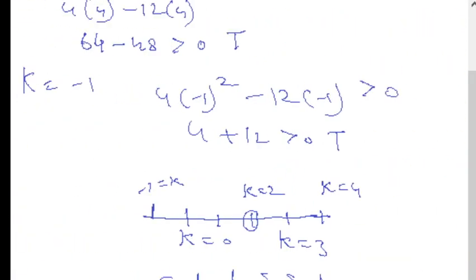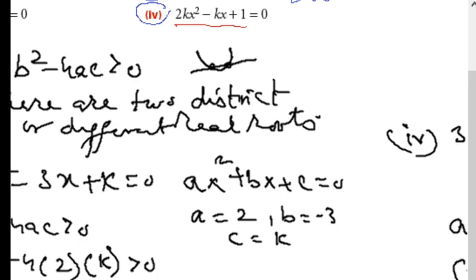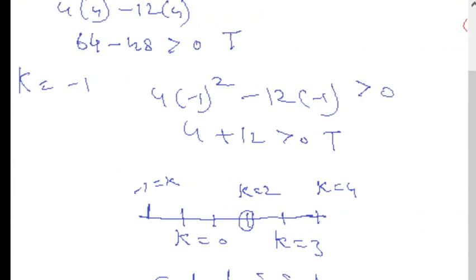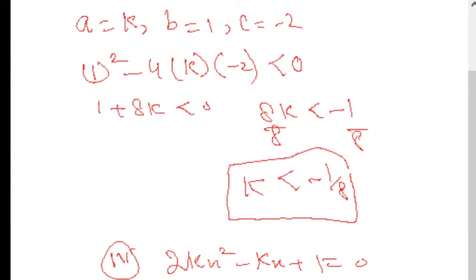Now let me confirm it. 2kx square minus kx plus 1, yes, correct. Now no real roots. Set of values of k is required. If no real roots are there, then what will be the set of values of k?